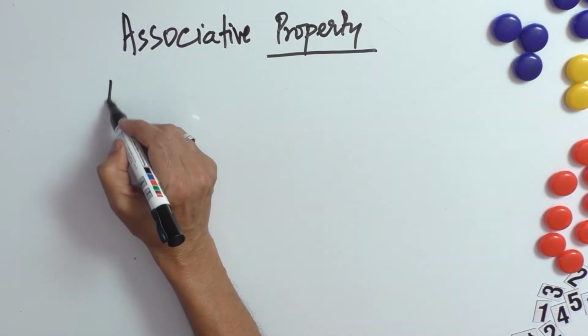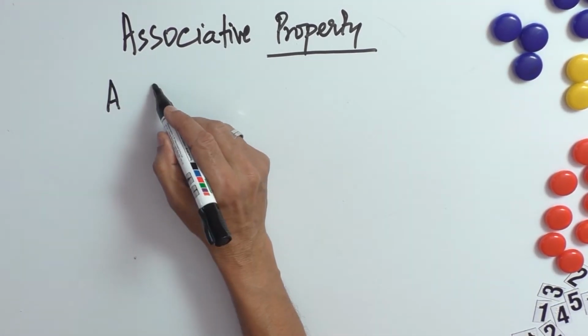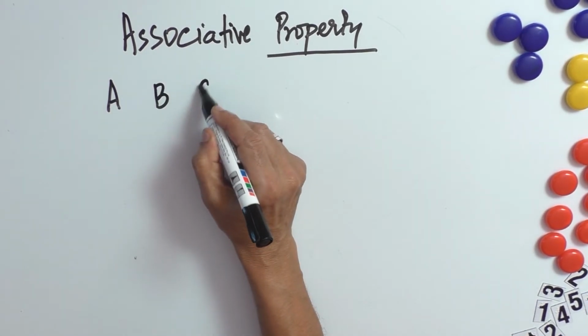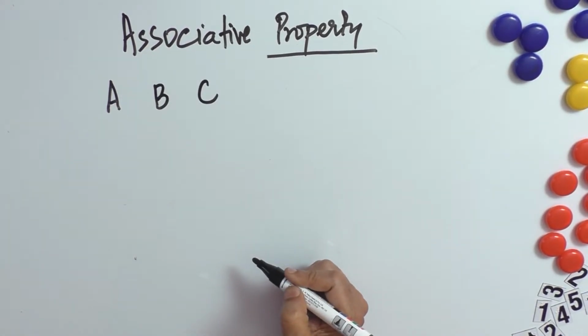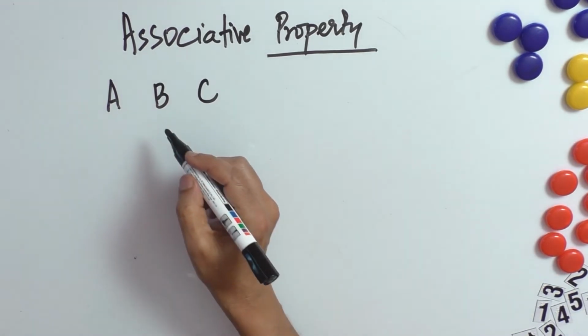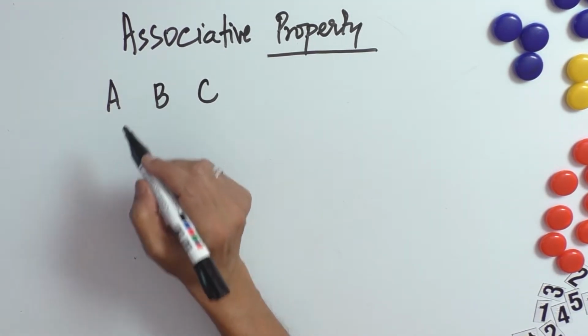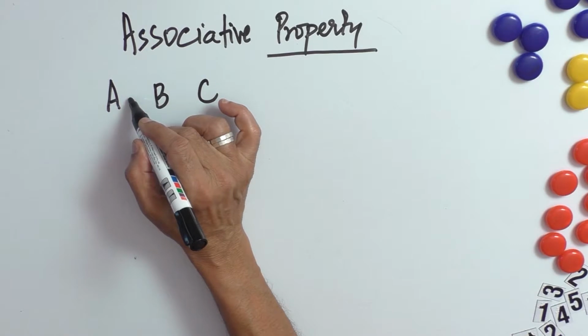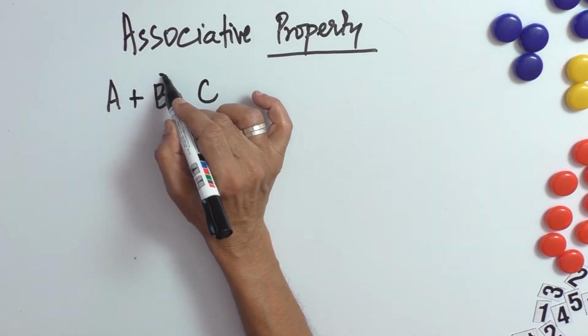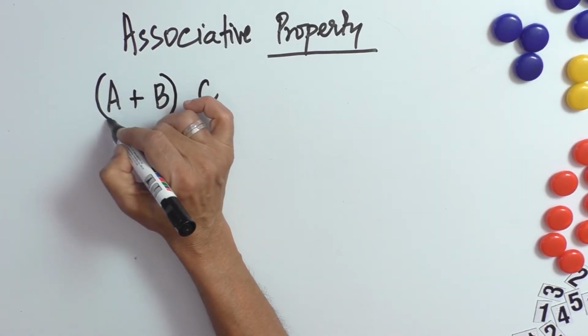In associative property, we are taking 3 sets. Now, the 3 sets can be added to begin with. I add A and B first.